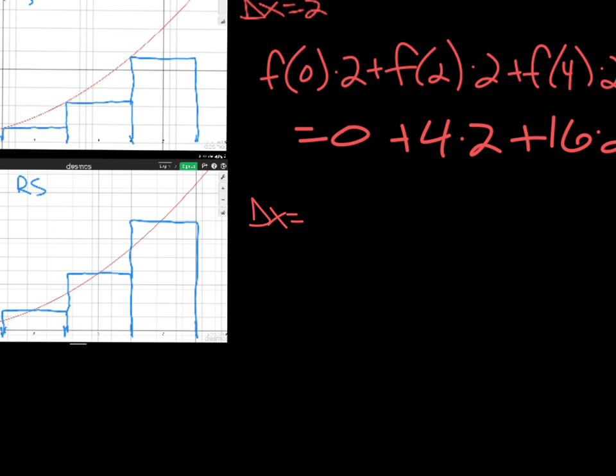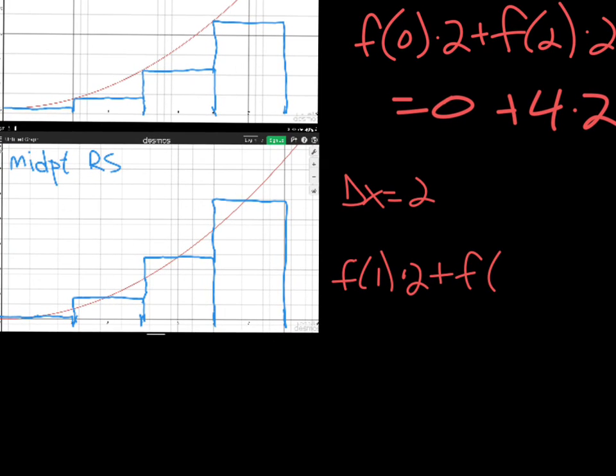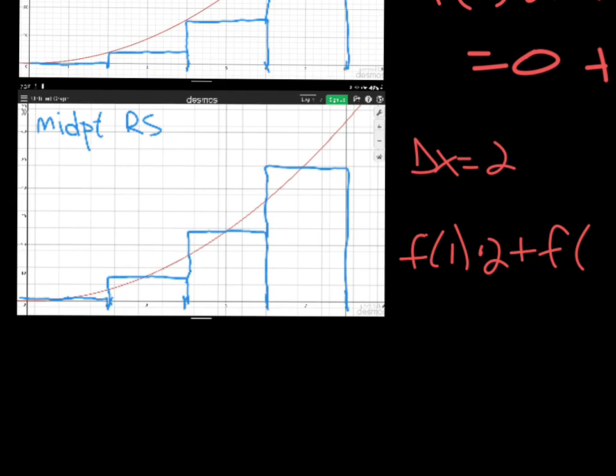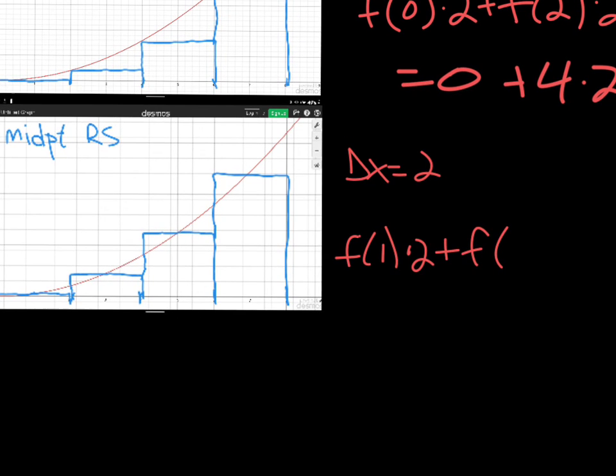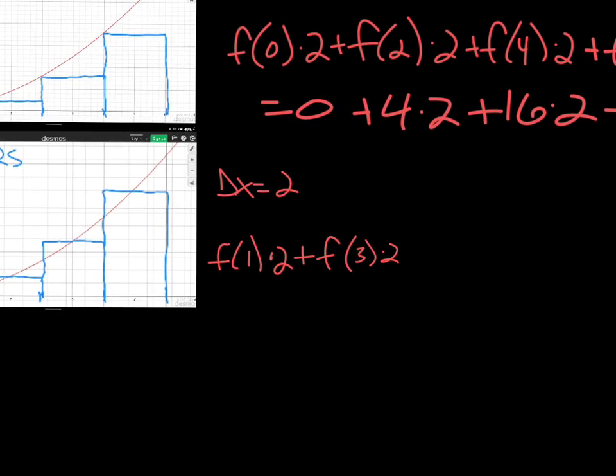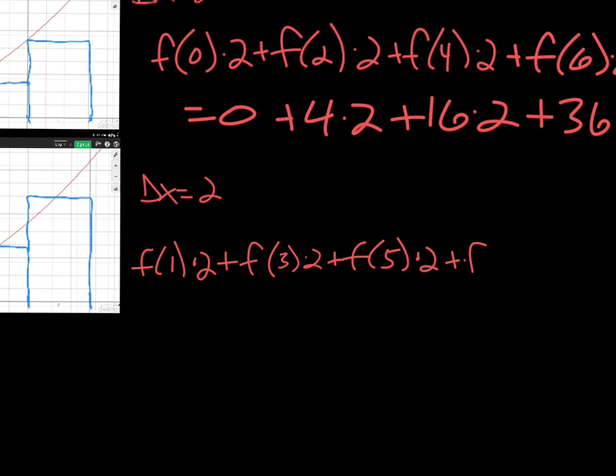And now we're going to do the height of the midpoint, plus the height of the midpoint, of course, times the width on all these, plus the height of the midpoint.